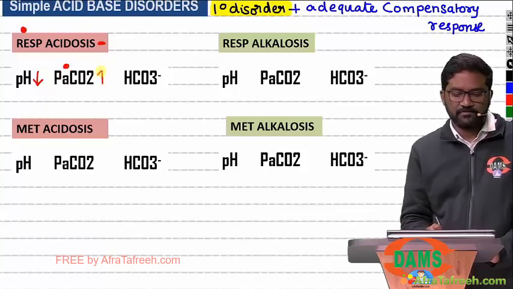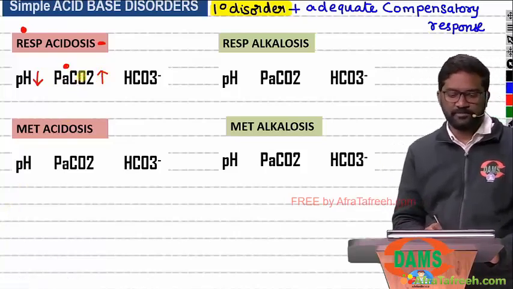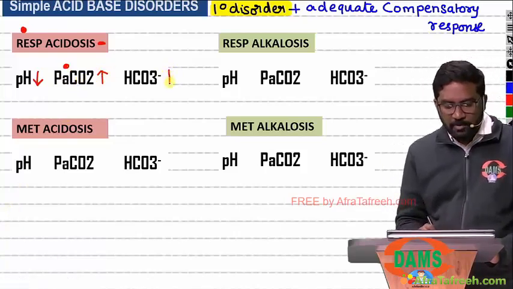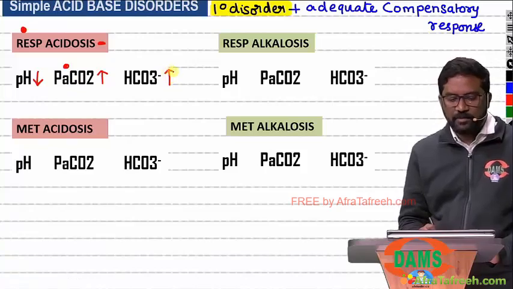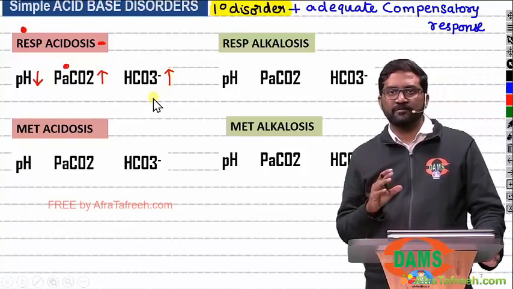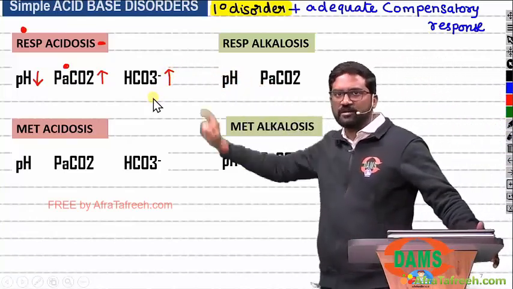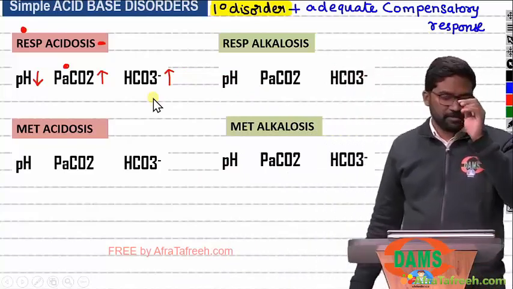CO2 retention. For respiratory acidosis, what is compensation? Metabolic alkalosis. We know for respiratory it will be metabolic. For acidosis it will be alkalosis. So this is how primary respiratory acidosis behaves.